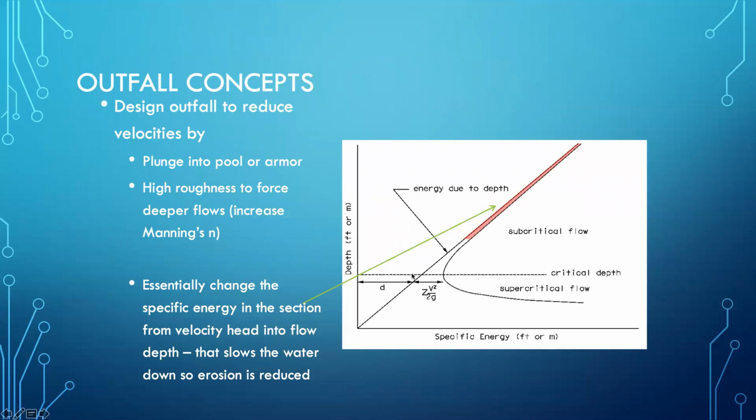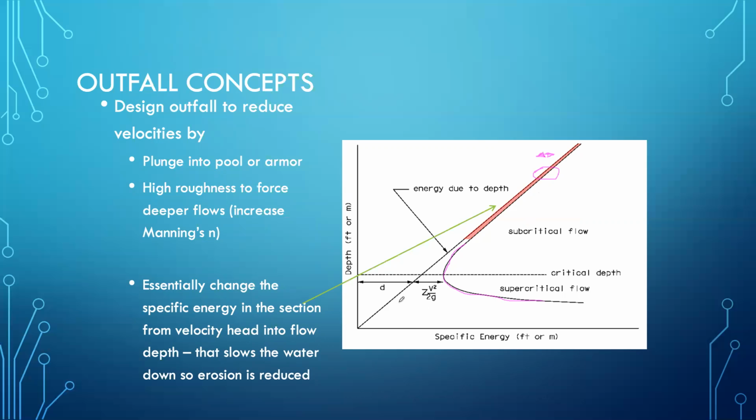So in terms of our outfall considerations, for a given discharge, we're moving along the specific energy depth curve, and we want to get up into this region, because in this region, the velocity head is pretty small, because that's what's making things erode.